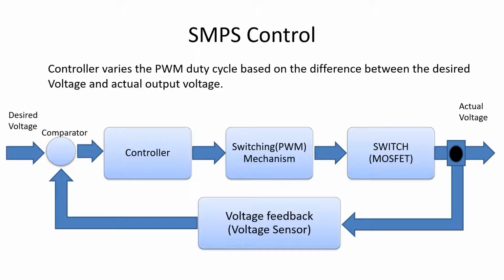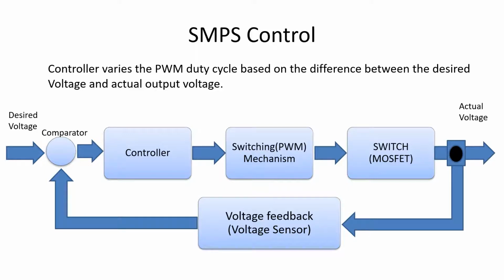When the voltage is more than the desired voltage, the controller reduces the duty cycle of the PWM so that the voltage reduces.